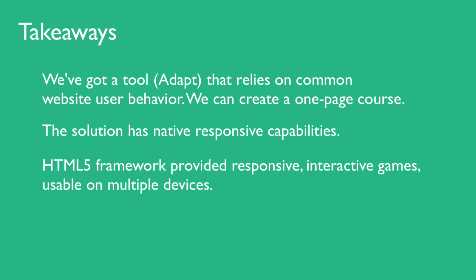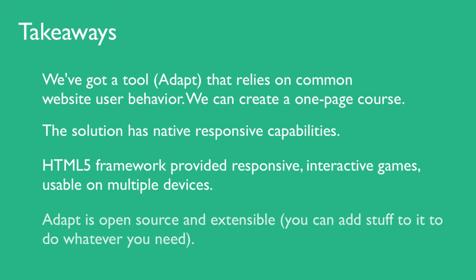Those were also built to be responsive and usable on multiple devices. As you've probably heard countless times from other sources, the device environment or ecosystem is probably only going to get bigger, in the near future at least, so having an experience that works natively in those different contexts is very useful. I also really like Adapt because it's open source and the code is open to you.